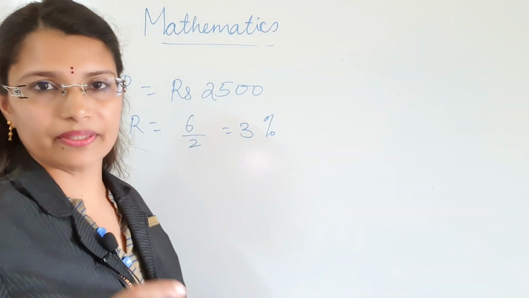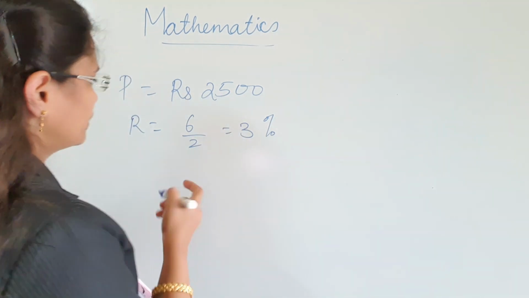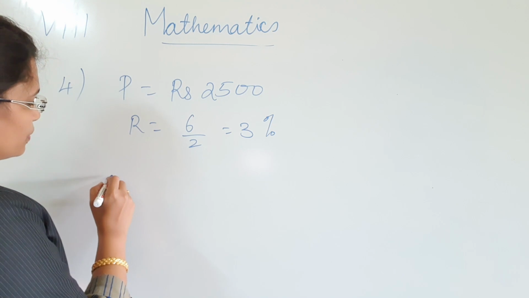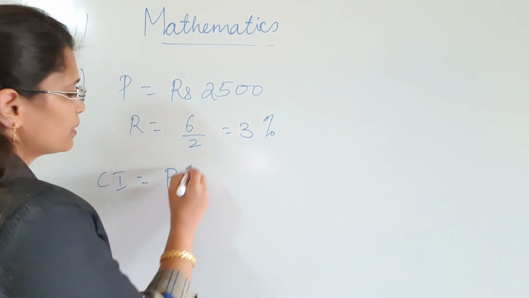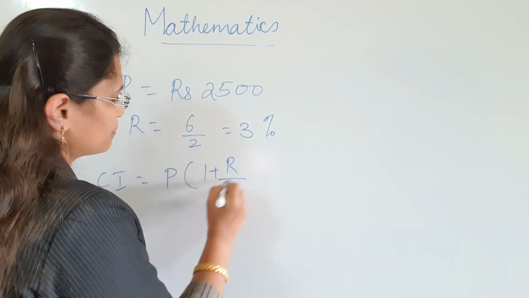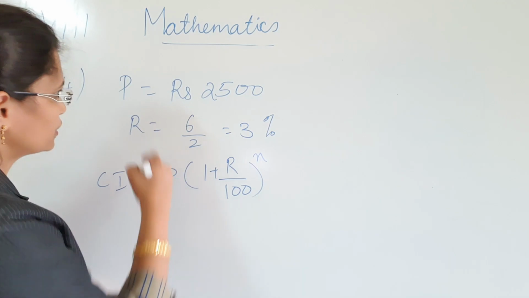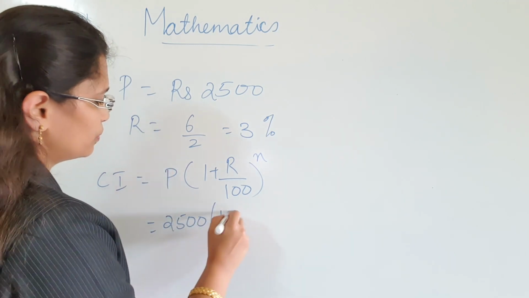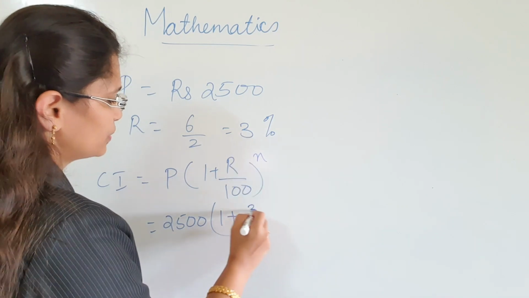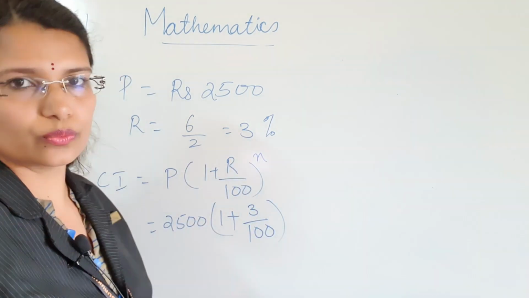So, here time period after 6 months he deposited, right? So, time is 1, so no need to write that. So, compound interest, what is the formula? P into 1 plus R by 100 whole raised to N. So, what is P here? 2500 into 1 plus rate of interest 3 by 100. N nothing, that is 1 only, right?